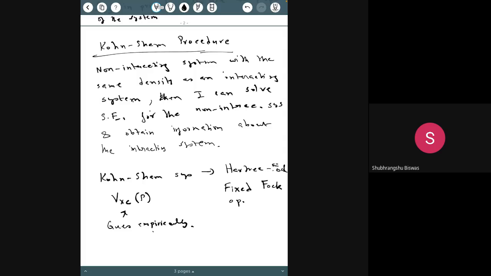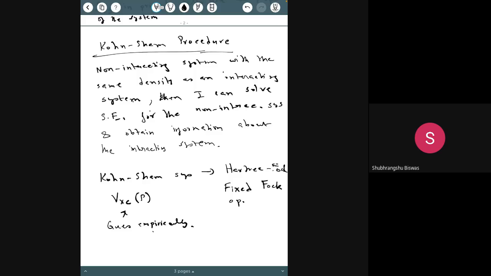Without going into equations, I think that is the best I can do. So you have an exchange correlation potential. What does this contain? This contains the effects of exchange.